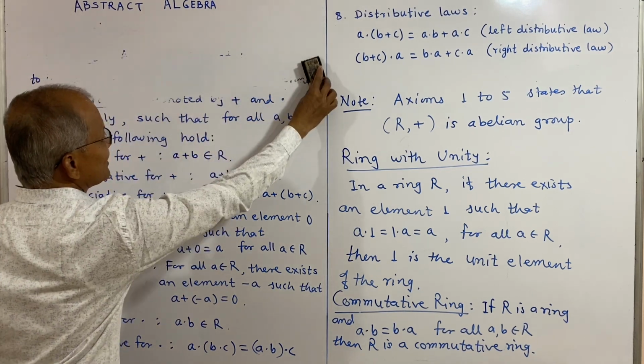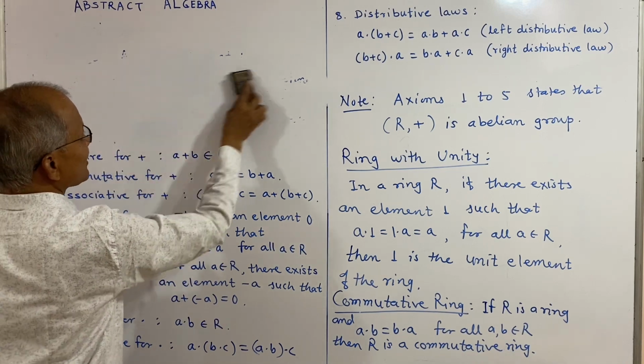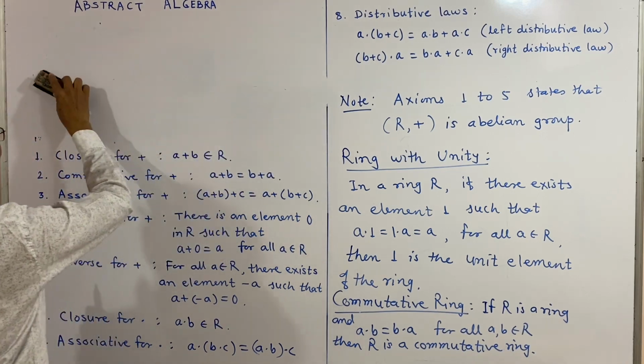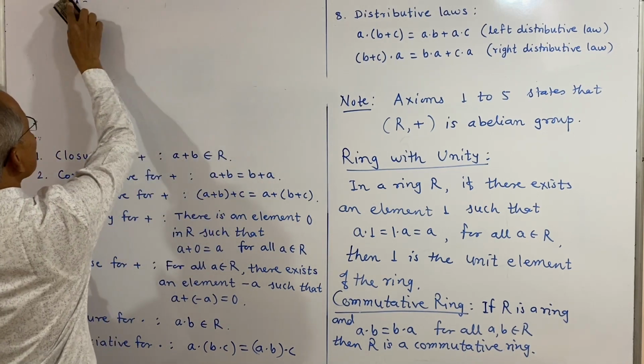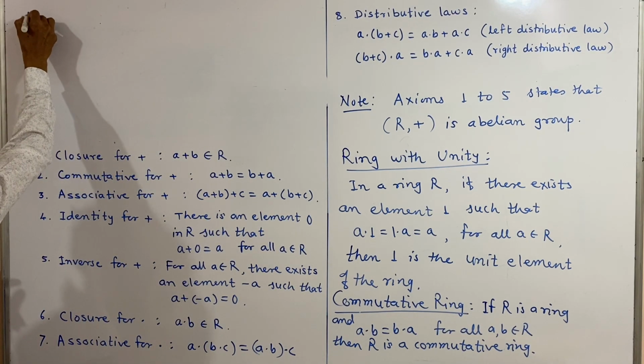The first and simplest example of a ring consists of a single element 0.